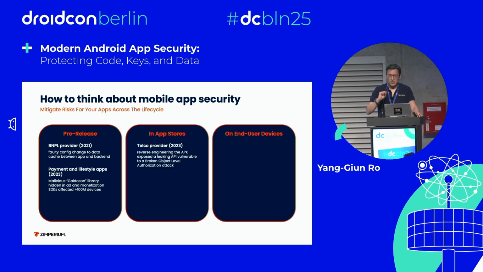And then to give you an example for incidents that might happen after you launch an application, there was a telco provider a few years ago that had a problem with leaking APIs, and threat actors discovered that problem because they reverse engineered the app, right? So they took the application from the App Store, they tried to understand the logical workflow, and they understood, hey, wait a second, the way this app was querying the backend server, they would send a user ID, right?